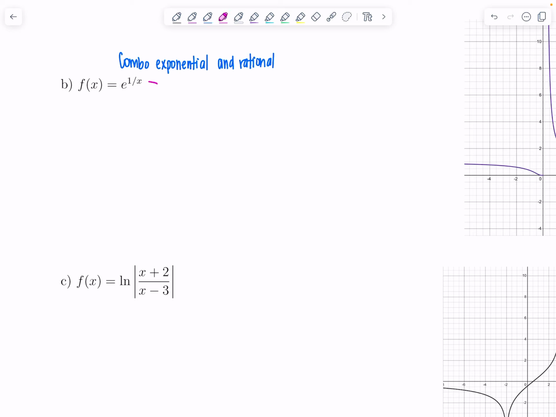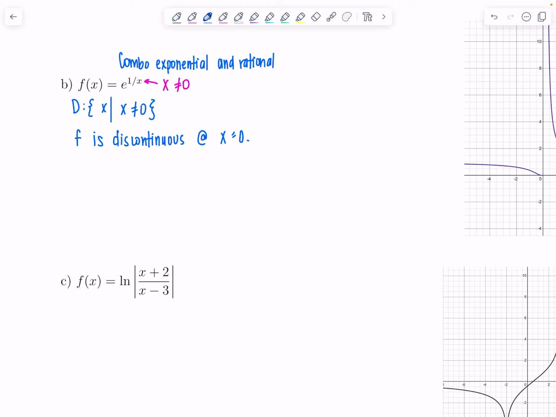Right away, I noticed this is 1 over x. So x can't be 0. So the domain is all x's such that x can't be 0. So that means the function f is discontinuous at x equals 0 or a equals 0, doesn't matter.